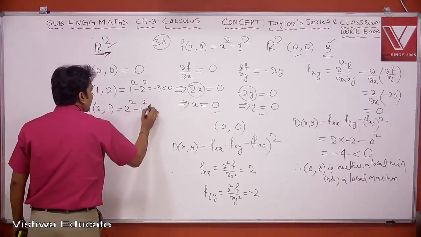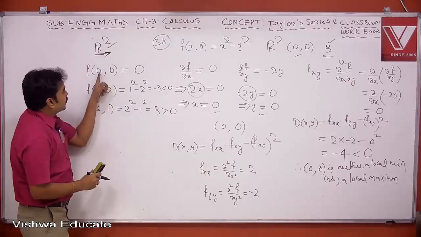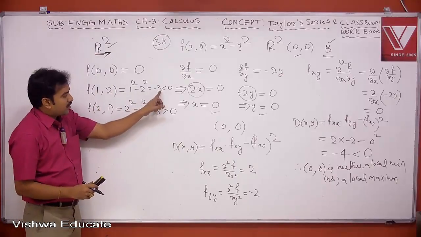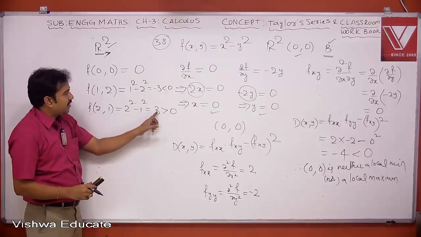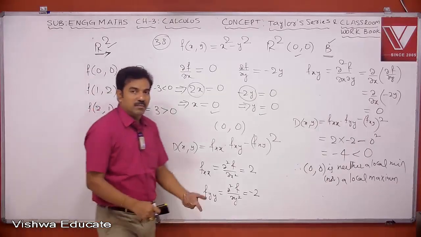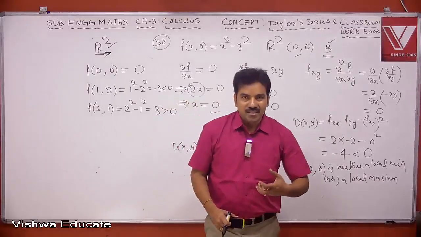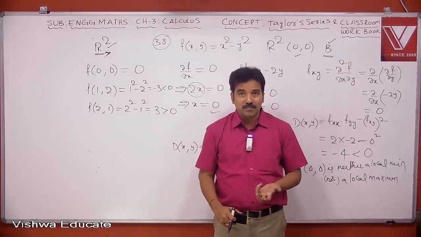This is 2² minus 1², which is 3, positive. Now you can see there is one point whose value is less than this, and another point whose value is 3, greater than this. So therefore 0 is neither a local minimum nor a local maximum. See, in order to say that a student is an average student, it is very simple.